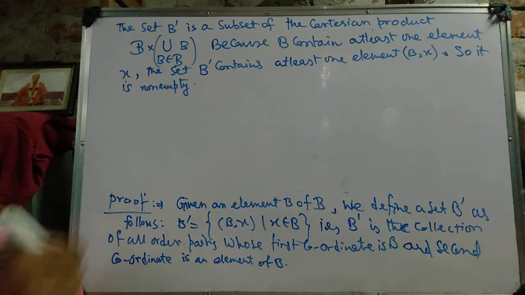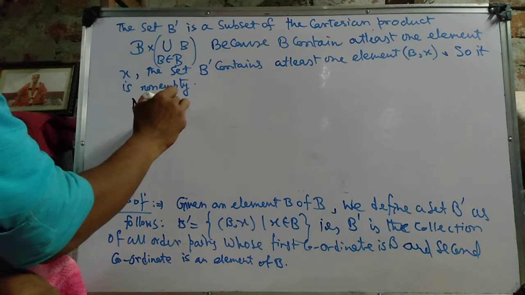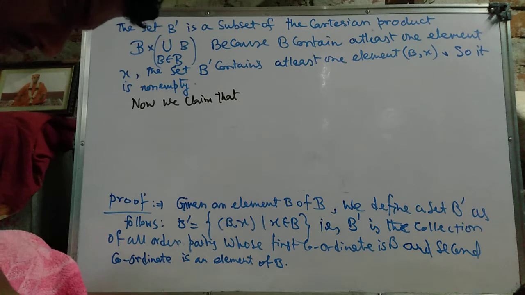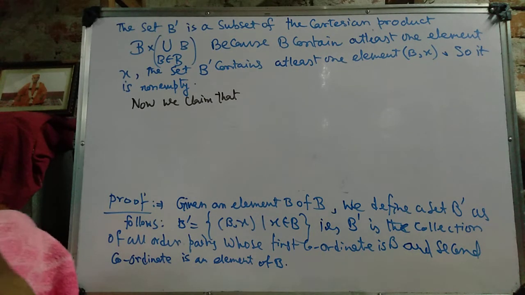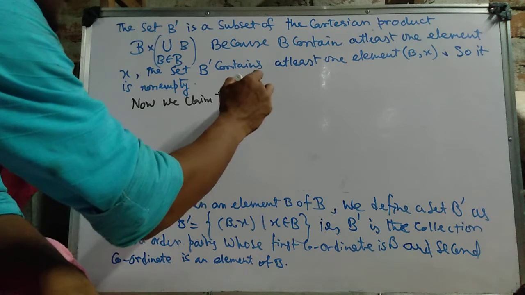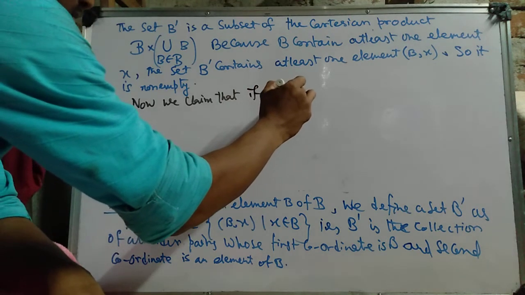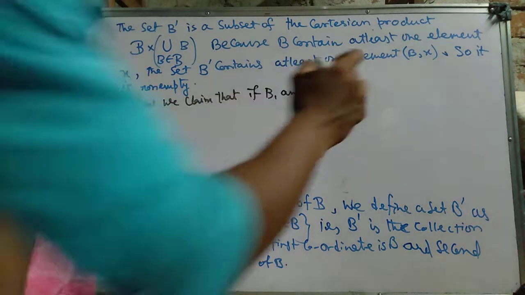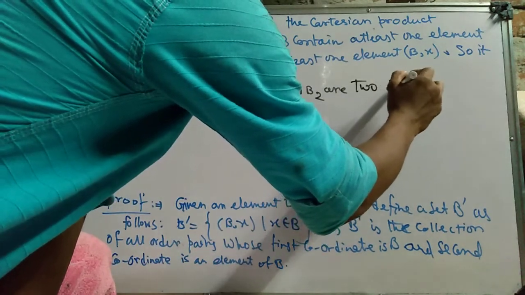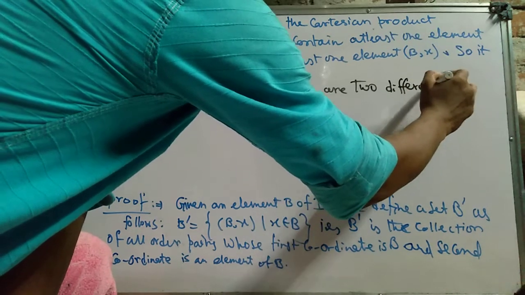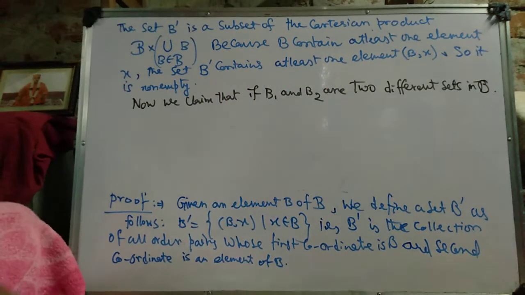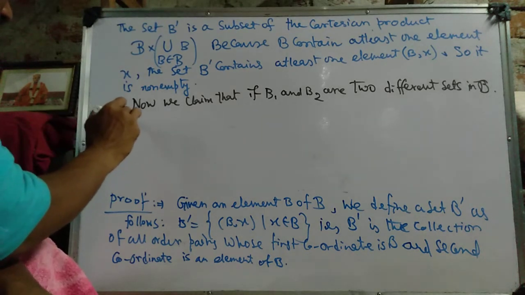Now we claim that if B1 and B2 are two different sets in script B, then the corresponding sets B1 dash and B2 dash are disjoint.